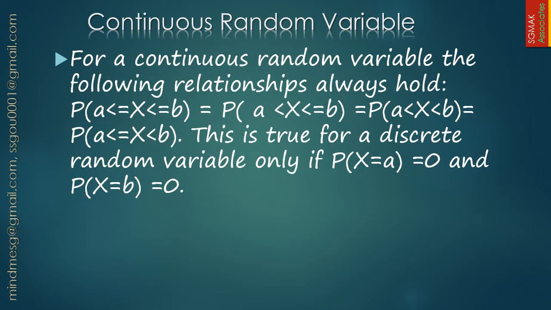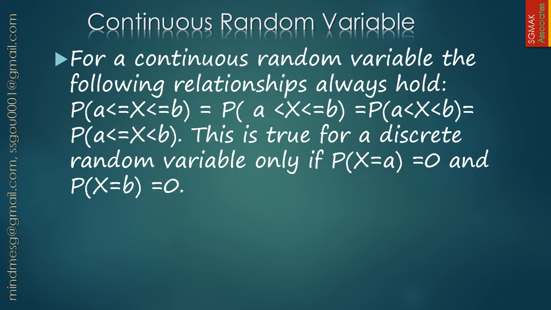Now, here's another important point to remember. For a continuous random variable, the following relationship always holds. If I'm trying to find the probability x between A and B, both bounds included, that probability is the same if I drop one bound, one or the other, or both.